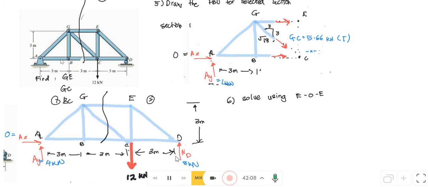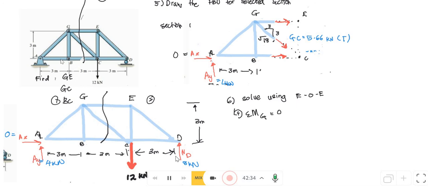So we write the moment at point G. Okay, summation of moment at G equal to 0, counterclockwise is positive.